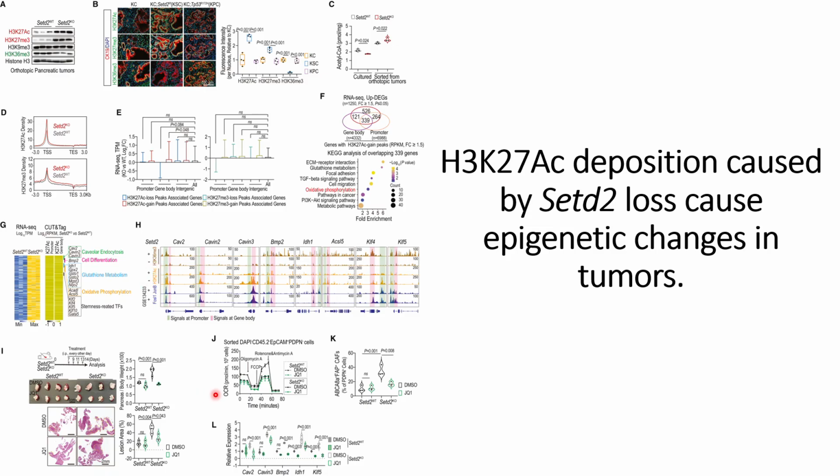And they also checked other factors such as oxygen consumption rate, and they found that oxygen consumption rates are lower when they use JQ1 in the Setd2 knockdown cells, whereas when they use it in the Setd2 wild type, they do not see too much change.